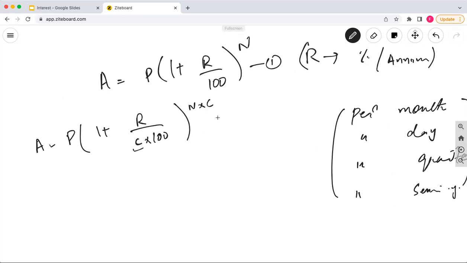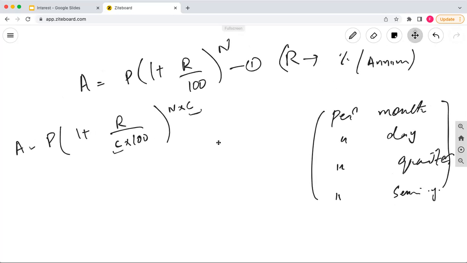The only difference is what this C will be. If you are considering per year, C will be 1, which is exactly the basic formula. For compounding semi-yearly, C will be 2.